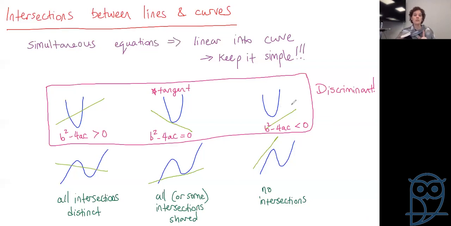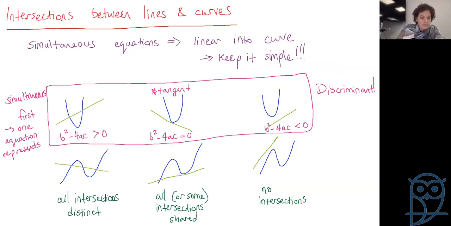So remember that if you want to do this, you can't just look at the equations of your curves. Okay, you've got to use a discriminant on simultaneous equations first. Okay, so you do your simultaneous first, so that you have one equation that represents quadratic and line together.